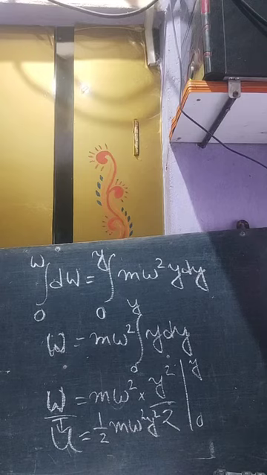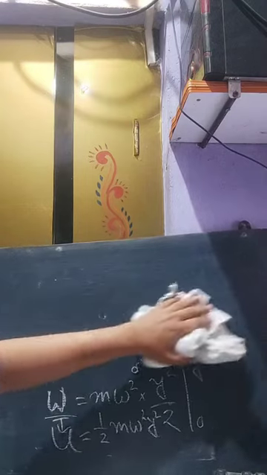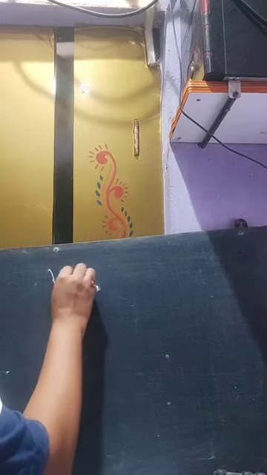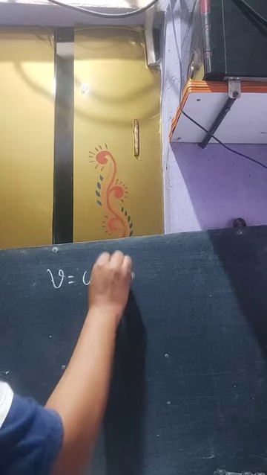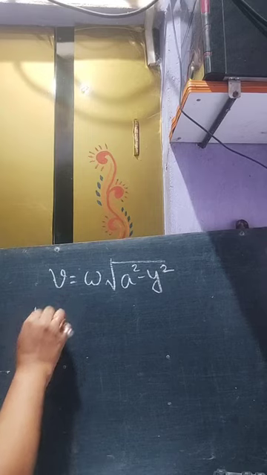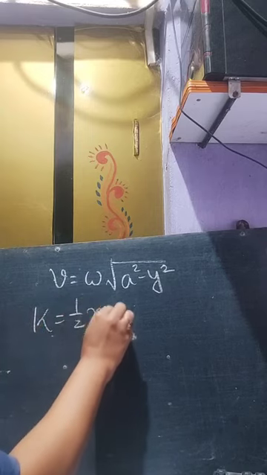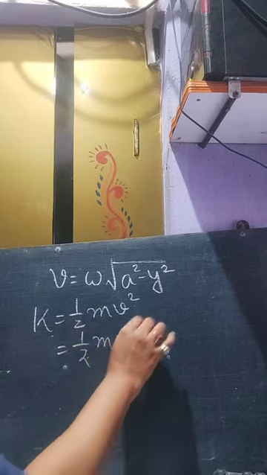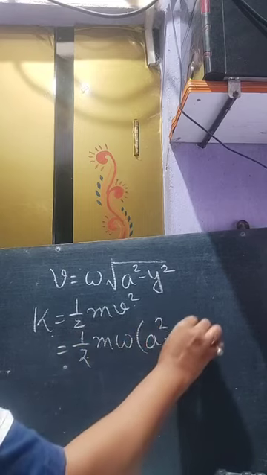Okay. Now, coming to the kinetic energy. For the kinetic energy, v is required, and v is nothing but omega into the square root of (A square minus y square). So, K equals half m v square. So, it becomes half m omega square (A square minus y square).